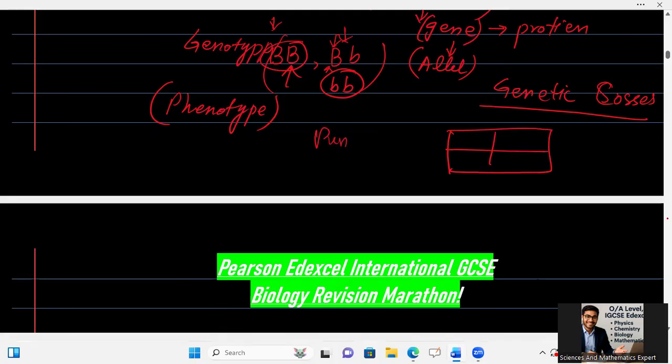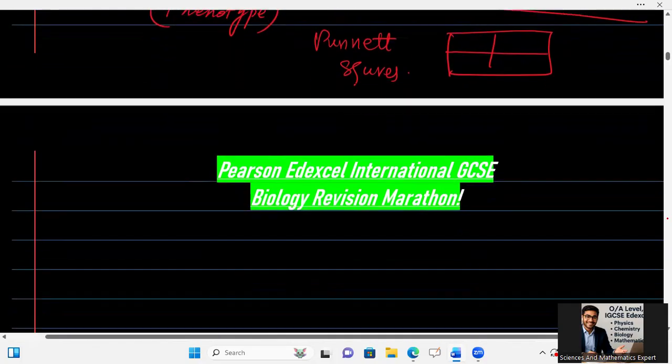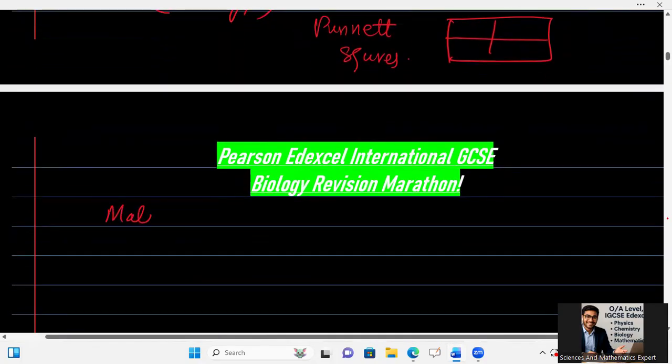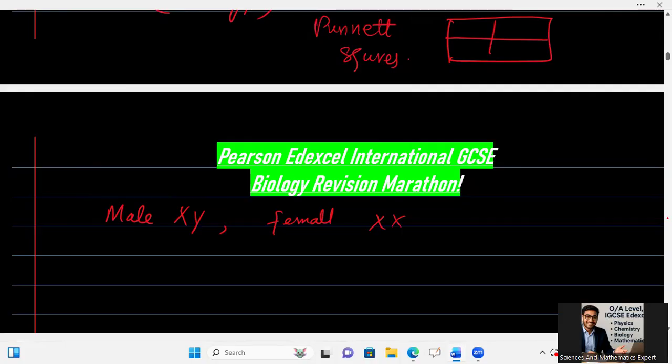For example, a heterozygous brown-eyed man and a blue-eyed woman, bb, can produce offspring that are 50% brown and 50% blue. And if we go for sex determination, for male it is XY, and for female it is XX. The sperm determines the sex of the child.